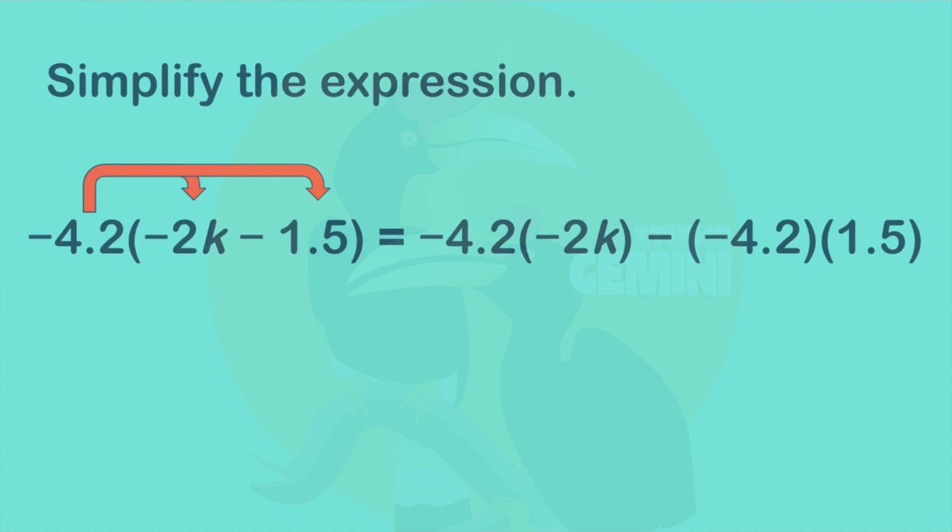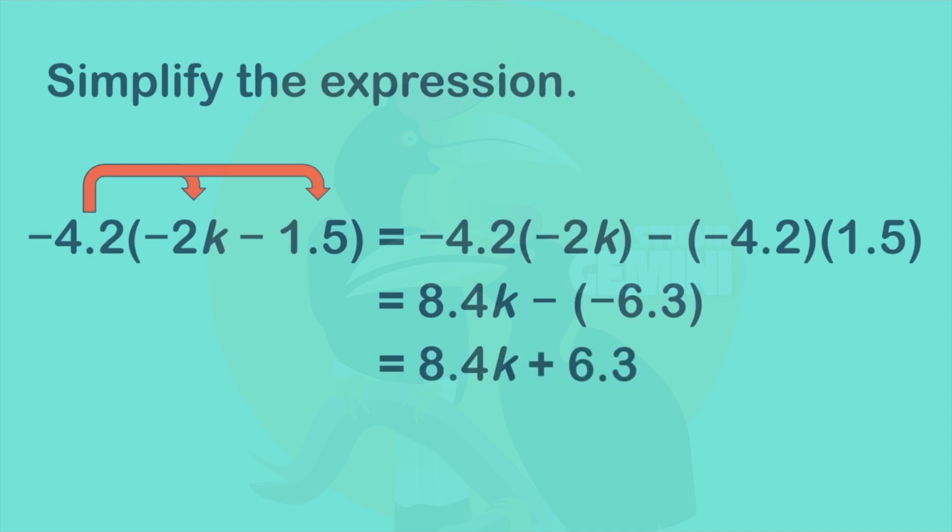Negative 4.2 times negative 2k is positive 8.4k, and negative 4.2 times 1.5 is negative 6.3. We can simplify this by writing subtraction of negative 6.3 as addition, so the simplified answer is 8.4k plus 6.3.